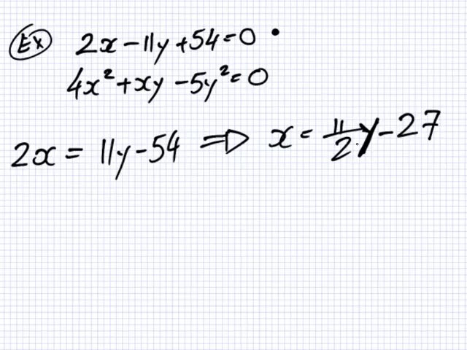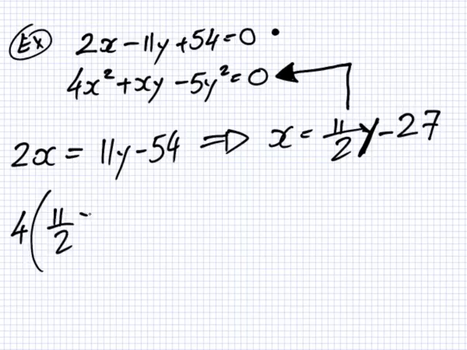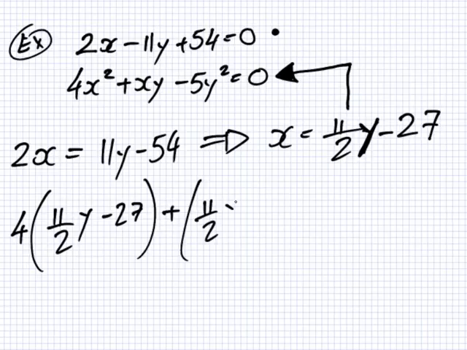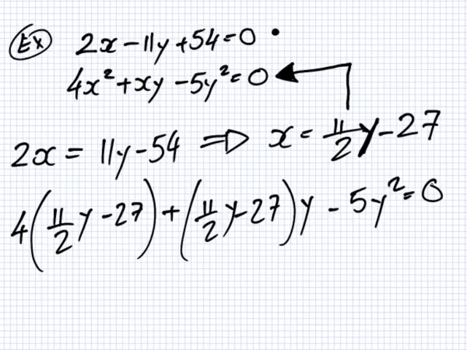Okay, so next, I substitute this into this one. So now I have 4x squared plus xy minus 5y squared equals 0. Oh, sorry, and I left out a square here. That looks okay. 4x squared plus xy minus 5y squared.